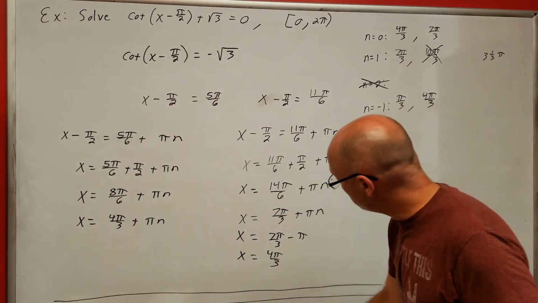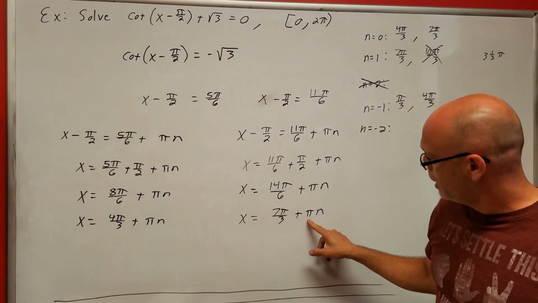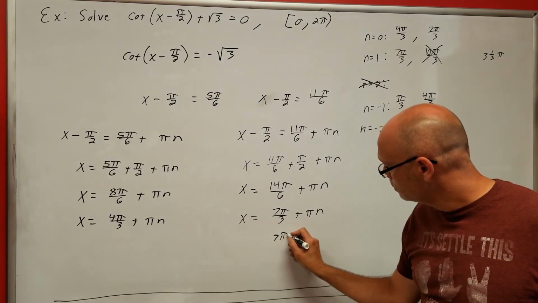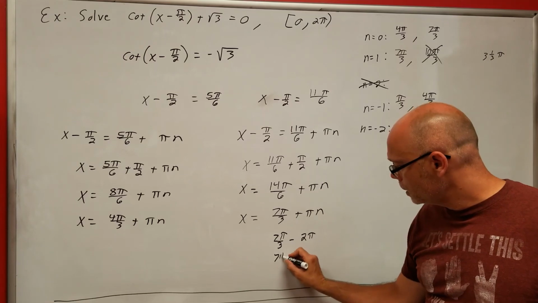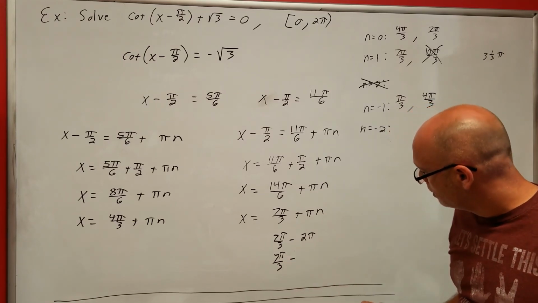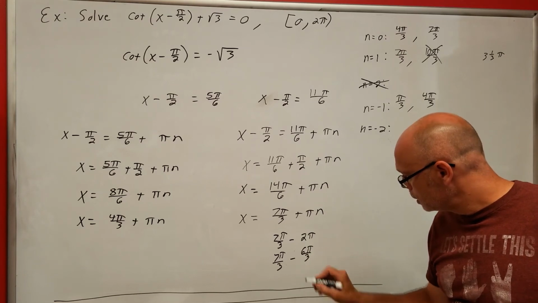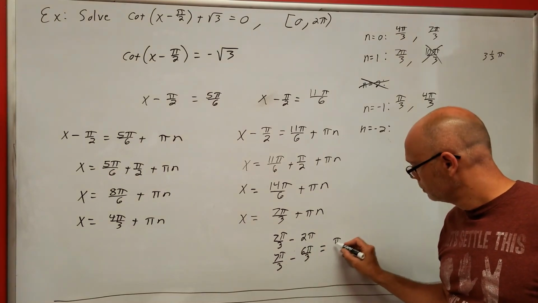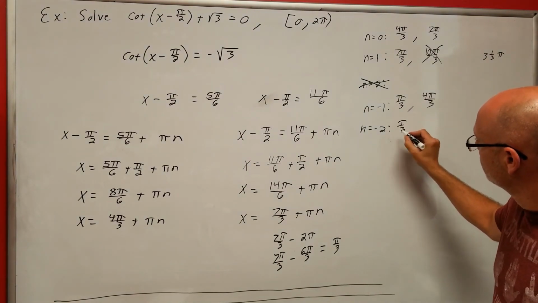How about over here? What if n is -2? Then I have 7 pi over 3 minus 2 pi, or 7 pi over 3 minus 6 pi over 3. That gives me pi over 3, and I can have pi over 3.